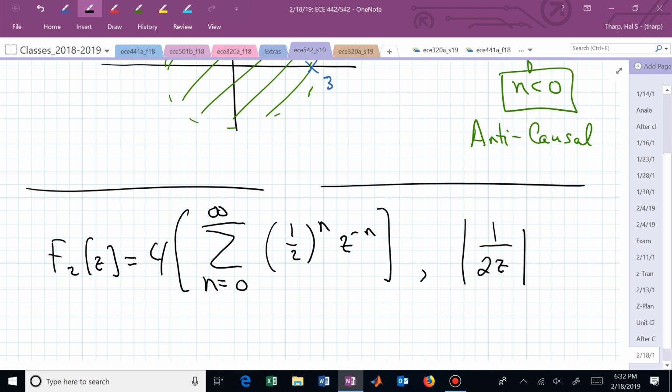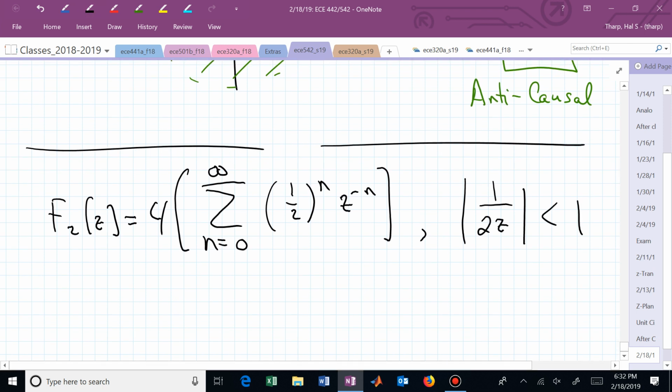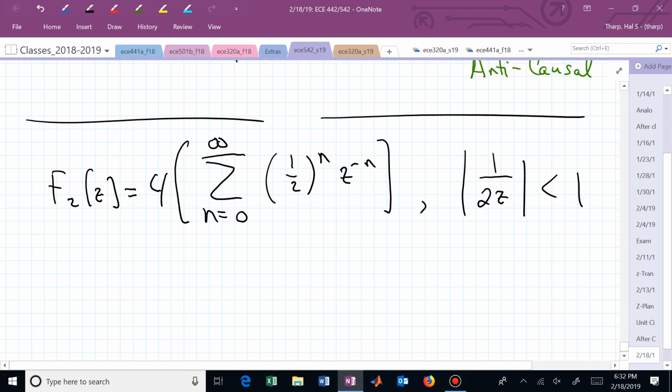We want that magnitude now. Since n is positive, we need that common ratio to be less than 1. And this now says that 1/2 is the lower bound on z. The magnitude of z is bigger than 1/2.